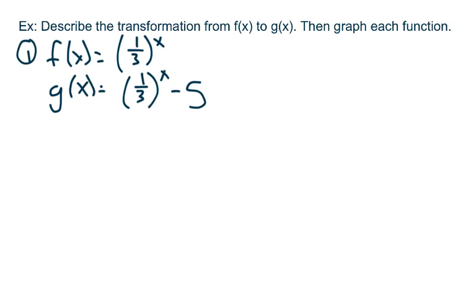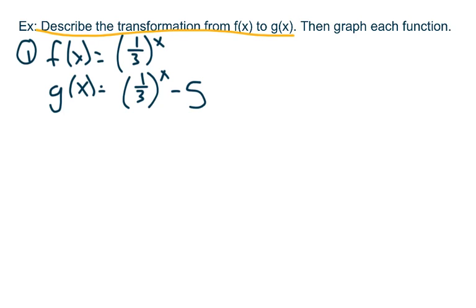Let's do this first: describe the transformation from f of x to g of x. If I compare f of x to g of x, the only thing that changes is this minus 5.